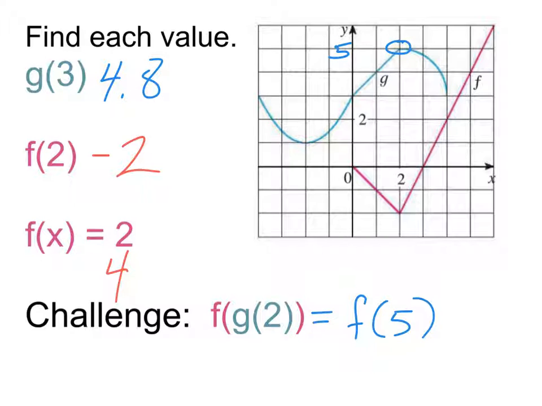And then we can figure out what f of 5 is. So I go over to where x is 5. 1, 2, 3, 4, 5 on my x. And I look to see what the value of f is there. And you can see that the value of f, that is its height, looks like it's up about 4. And so f of g of 2 equals 4.